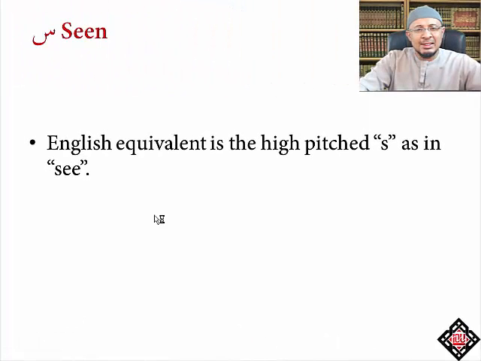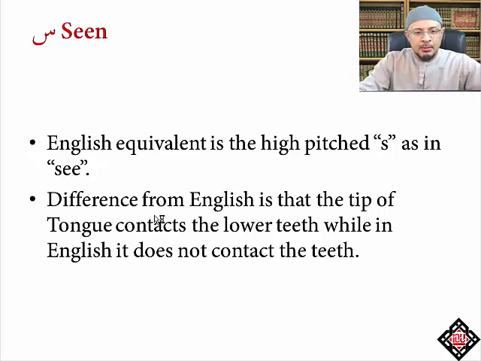The sin, the English equivalent, is the high-pitched S as in C. The difference is that in English, the S sound does not emanate from the tongue touching the tip of the lower incisor.